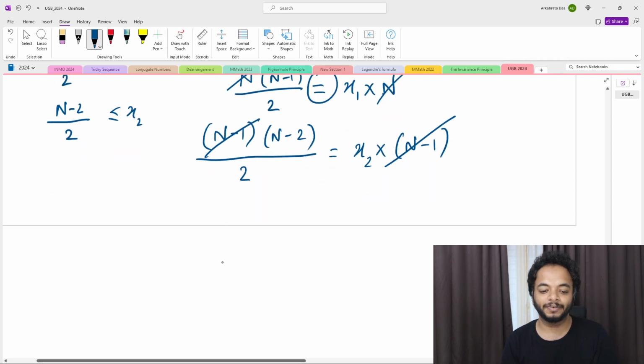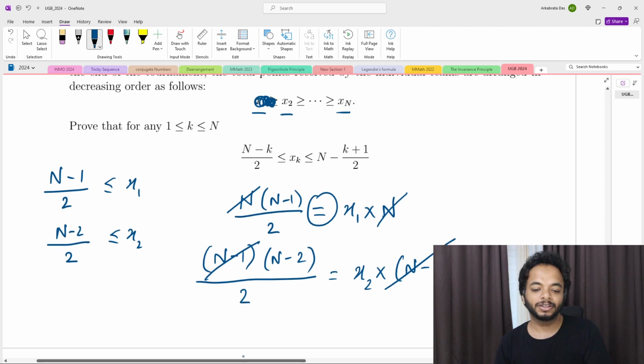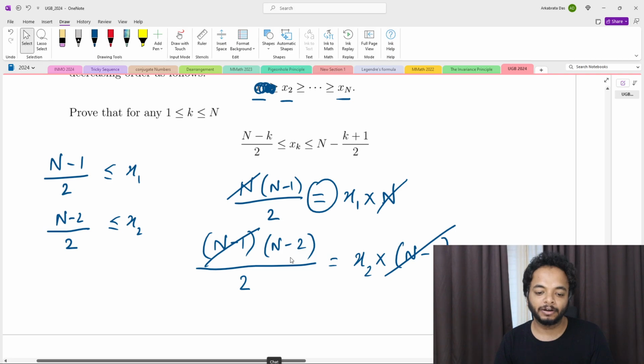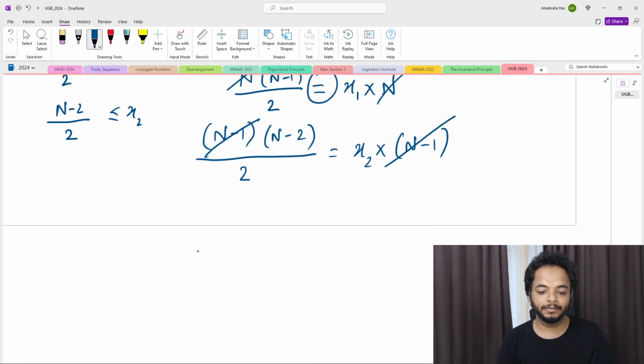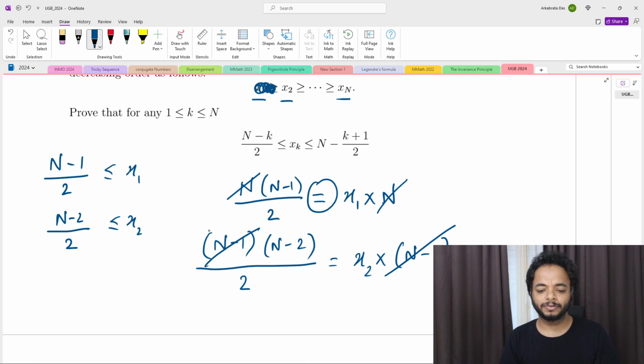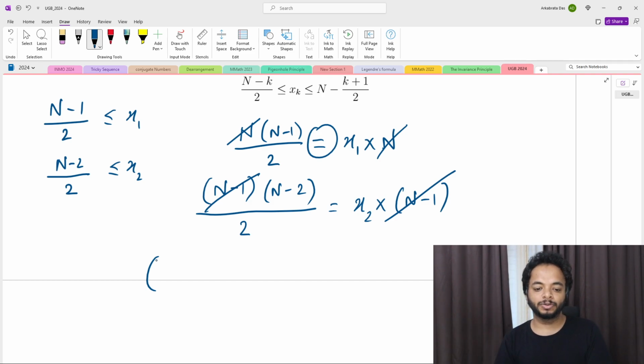If I go for the general case, for any arbitrary xk, I'll concentrate on the teams Tk till TN. They are playing the round robin tournament, and I have to prove this. How many teams do I have?